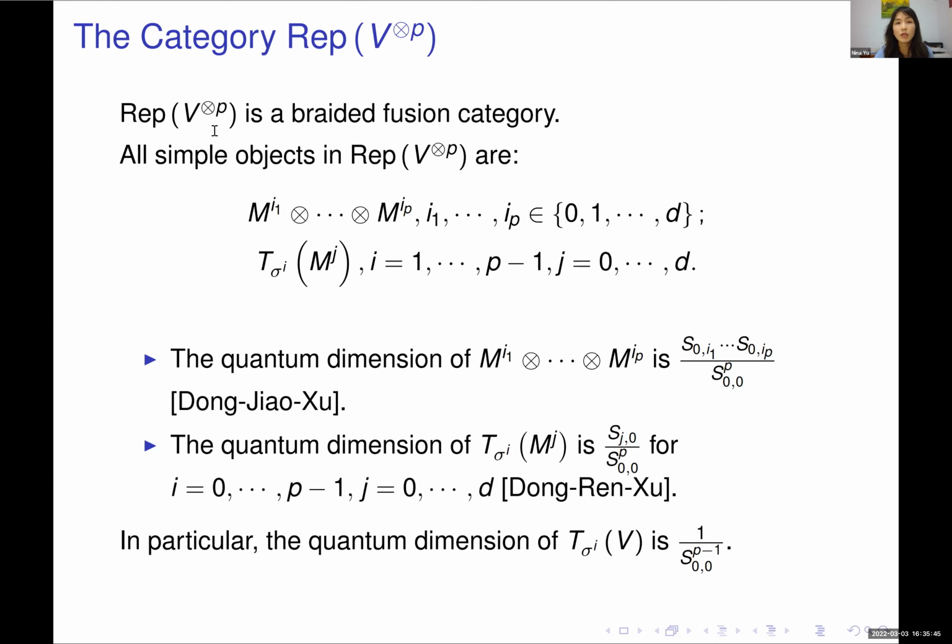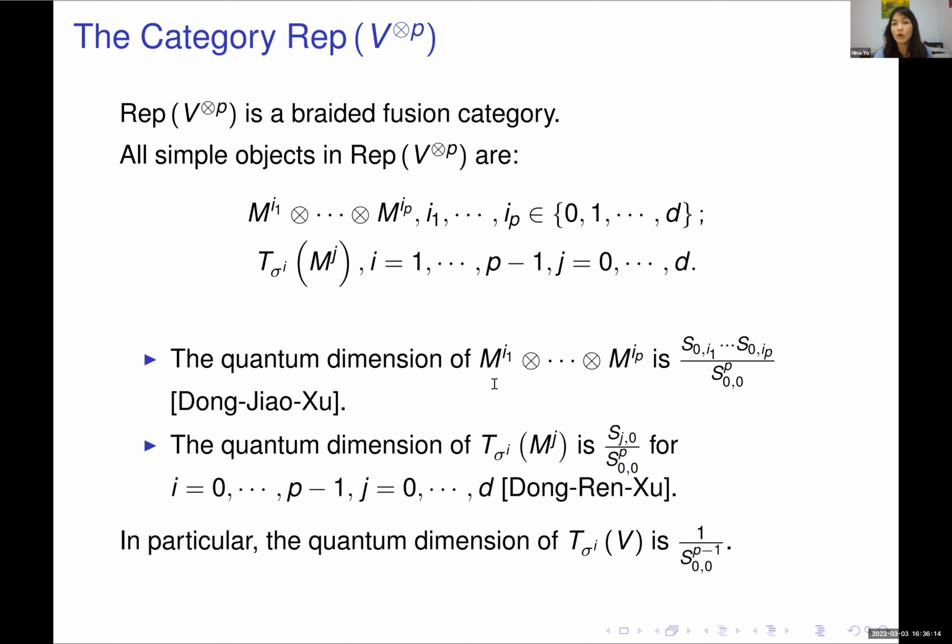Now if you consider the fusion ring of this braided fusion category, then we know that it's a semisimple commutative associative algebra, and the basis elements are given by the simple objects here. In the meantime, we also know by Dong, Zhao, and Xu that the quantum dimension of the untwisted module is given by this one.